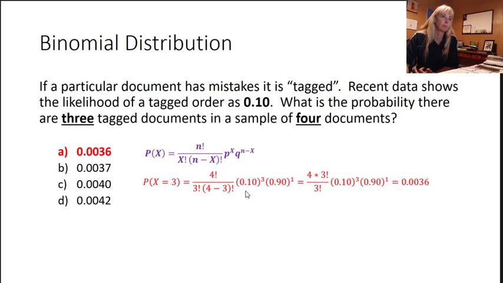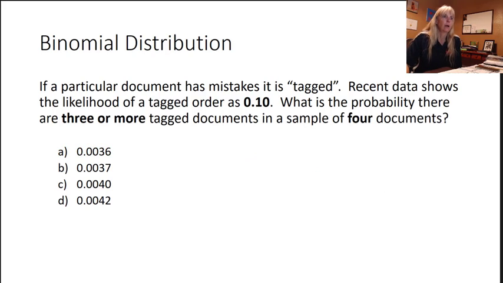Well, if 10% is tagged, 90% or 1 minus 0.10 would be not tagged. If 3 out of 4 are tagged, how many are not tagged? That would be 4 minus 3, and that's where we get the 1. Remember, the factorial means 4 times 3 times 2 times 1, but I can stop at 3 factorial because I see that down here to cancel it. 4 minus 3 is 1. 1 factorial is just 1. So all I have left is 4. And then throw all that in your calculator, and you should get that answer.